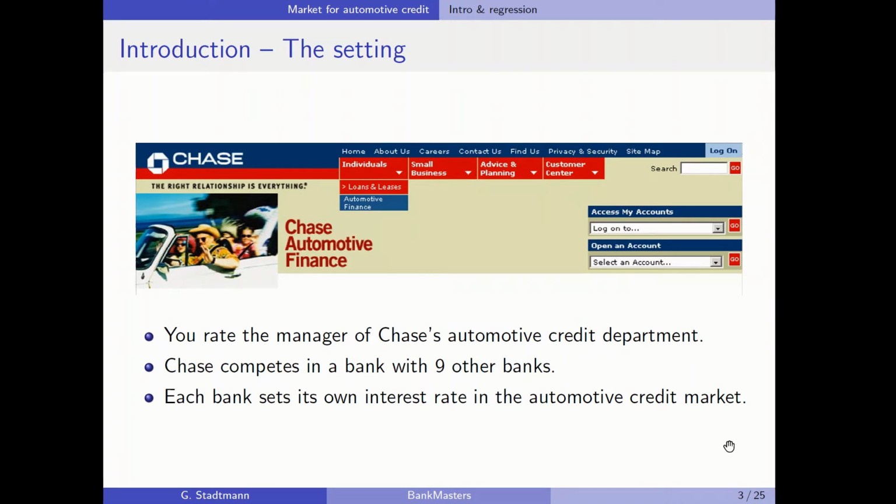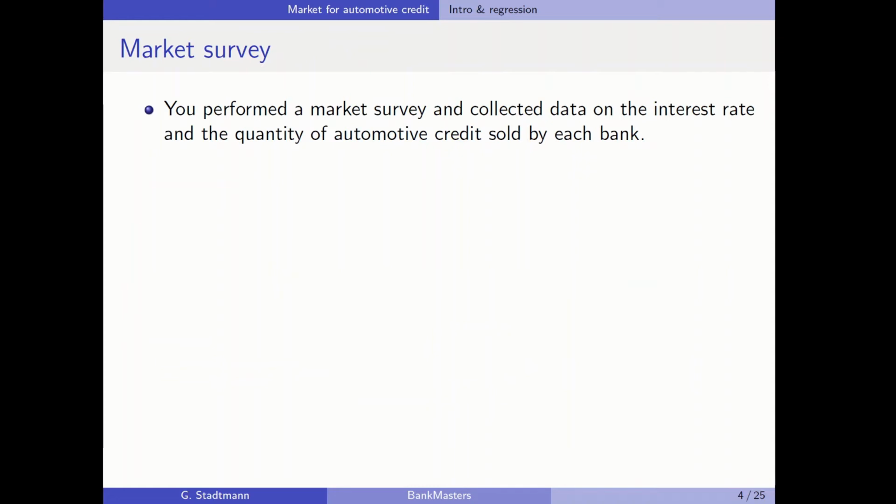You are the manager of Chase Automotive Credit Department, and Chase is competing in a banking market with 9 other banks, and each bank sets its own interest rate in the automotive credit market. The bank manager performed a market survey and collected data on the interest rate and the quantity of the automotive credit sold by each bank.